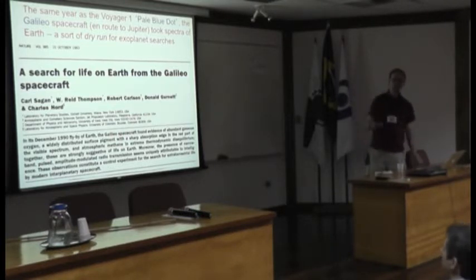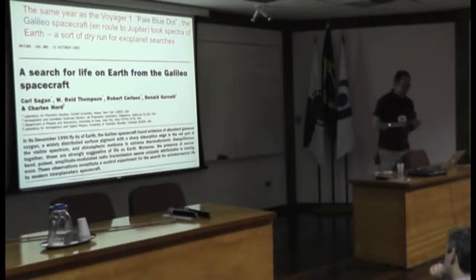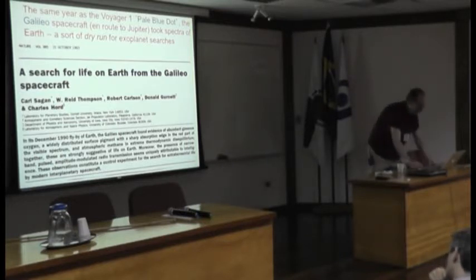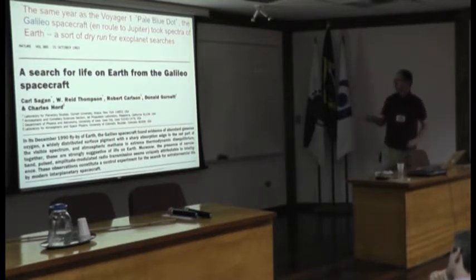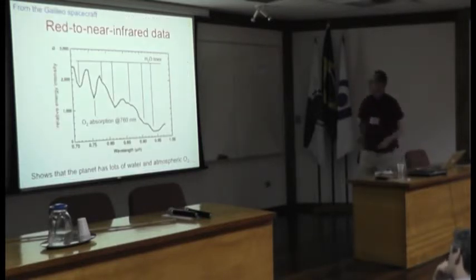Of course, we know life exists on Earth, so you may think, why did this paper get published in Nature? But the idea was that this would demonstrate some of the principles for looking for life on other planets as a control experiment. So what did they find?